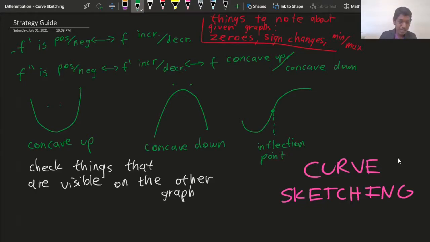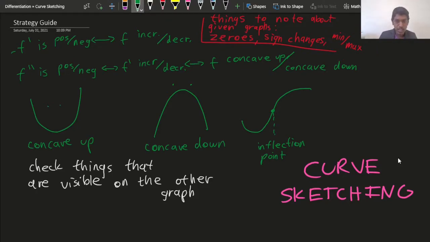So the main things, over here on the upper right hand corner, you're going to want to check are zeros. Zeros are pretty easy to see usually, and you can eliminate a fair bit of answer choices just with the number of zeros. And then sign changes of any sort of function, and maybe you might have to look at some minimum or maximum.